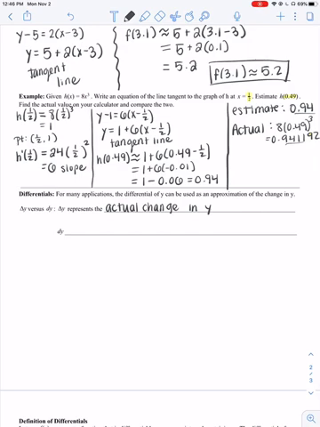So let's talk about this. We're going to practice using the square root function. So I'm going to just sketch the graph of the square root function. So this is going to be the square root of x.